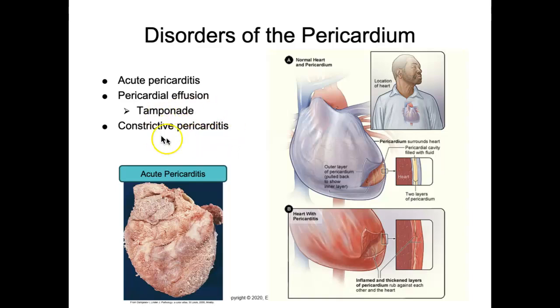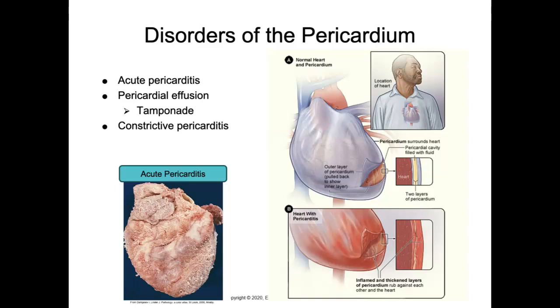Now, within constrictive pericarditis, this is when we're going to start to have some scarring and loss of elasticity that would prevent adequate cardiac filling during diastole as well. And this typically starts out as an acute episode, but then the fluid gradually will continue to build and cause the scarring and the thickening.